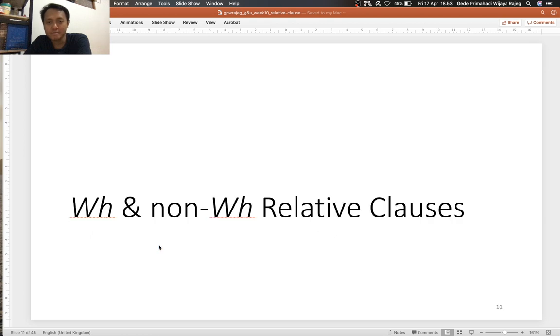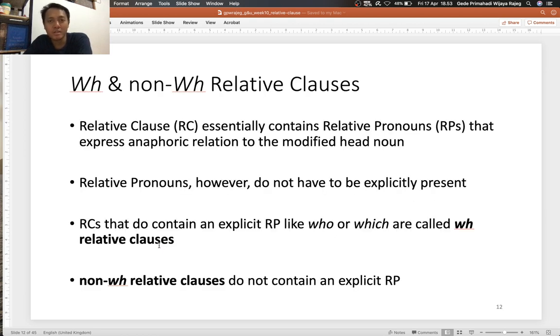Okay, now WH and non-WH relative clauses. We have seen in the previous two examples that a relative clause contains a relative pronoun that expresses an anaphoric relation to the modified head noun. But a relative clause can also not have any explicit relative pronoun.